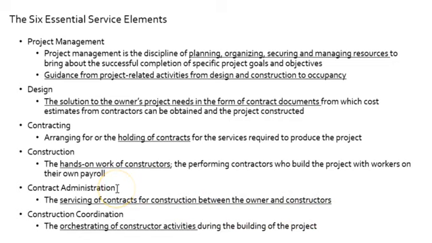So this is called CA, construction administration, or CA work, and typically architects handle this work. Typically, they don't hold the contracts, but they will help the owner manage the contracts during the construction process.